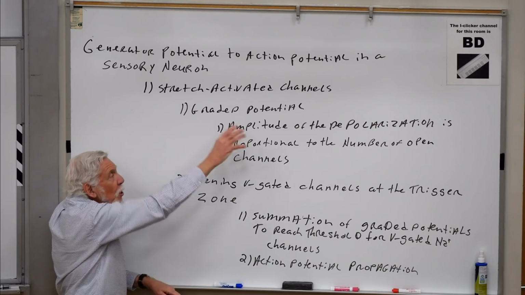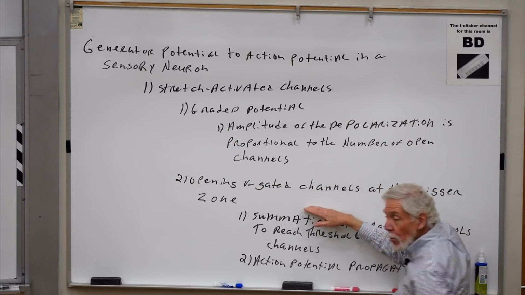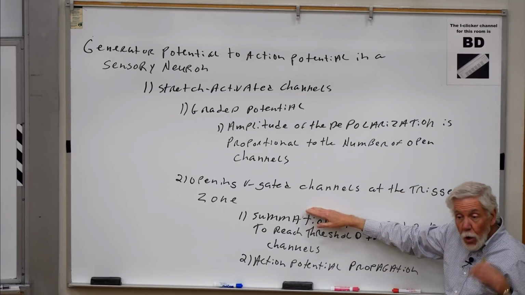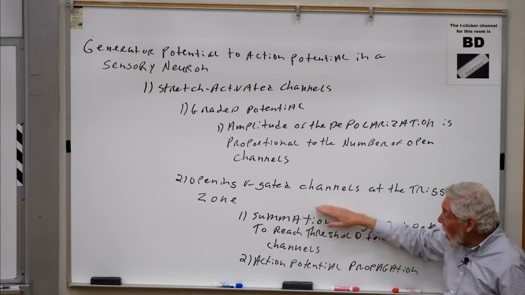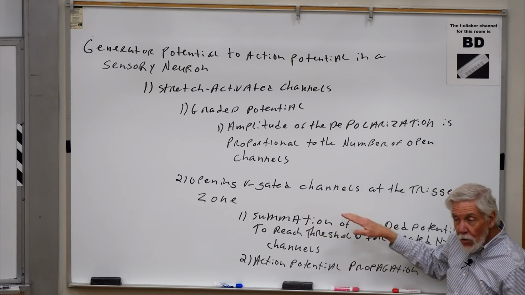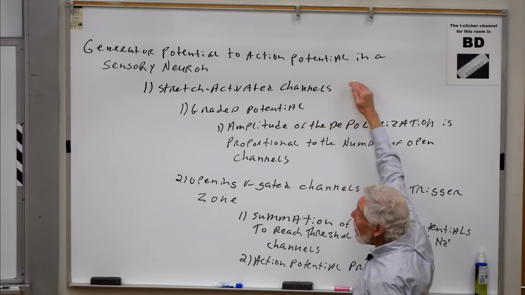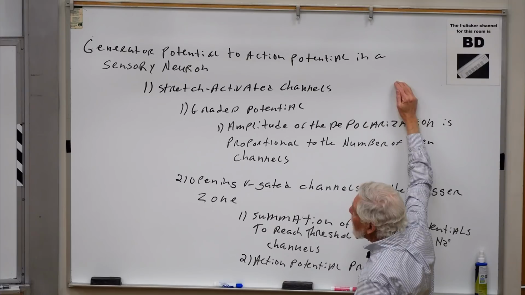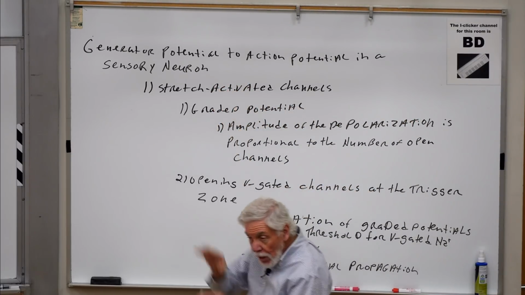And if there's sufficient positive charge coming in through these stretch-activated channels that the membrane potential reaches threshold, we fire an action potential. And then that will begin the propagation of the action potential from the periphery into the central nervous system, because we'll tell the story from the point of view of the generator potential to action potential in a sensory afferent. So we'll try to tie all of that together.